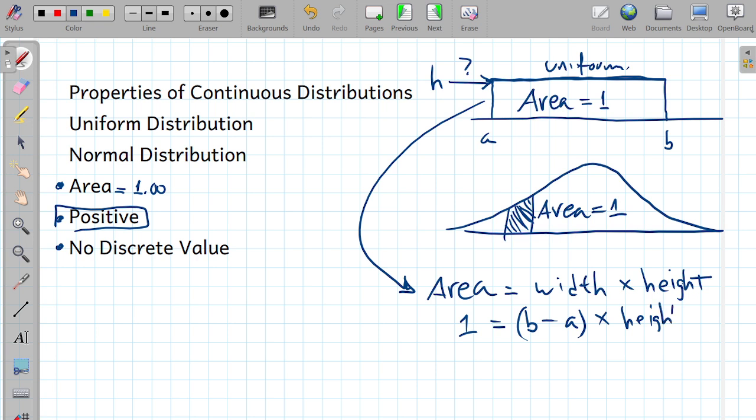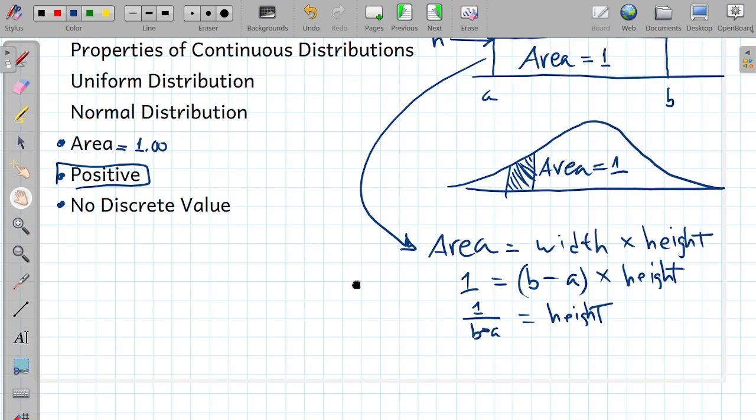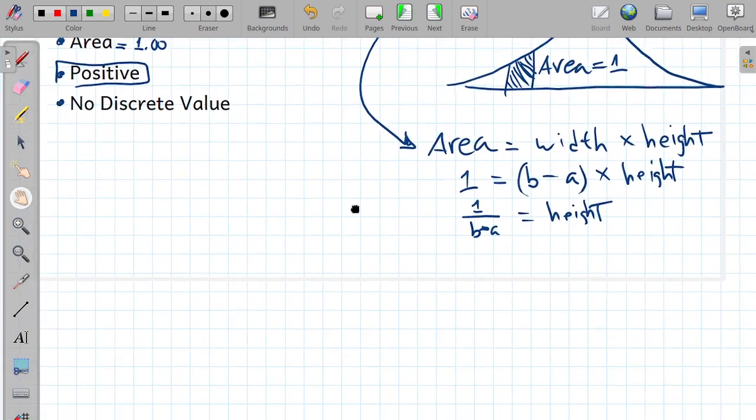So as you can see, a little bit of algebra means that 1 over b minus a will give us the height. I'll illustrate this with an example. Now, let's move this page a little bit so we have a bit more room to tinker with. We'll come back up here in a minute.